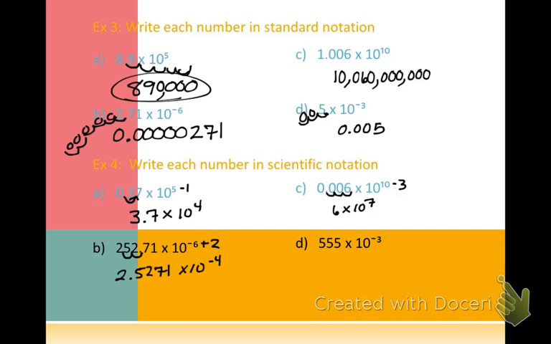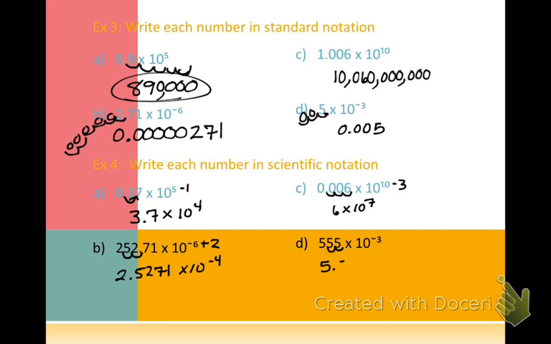Where's the decimal at D? How do we figure out if it's in scientific notation? If it's between 1 and 10. So we know 555 isn't between 1 and 10. So I need to move the decimal over to the what side? To the left side.